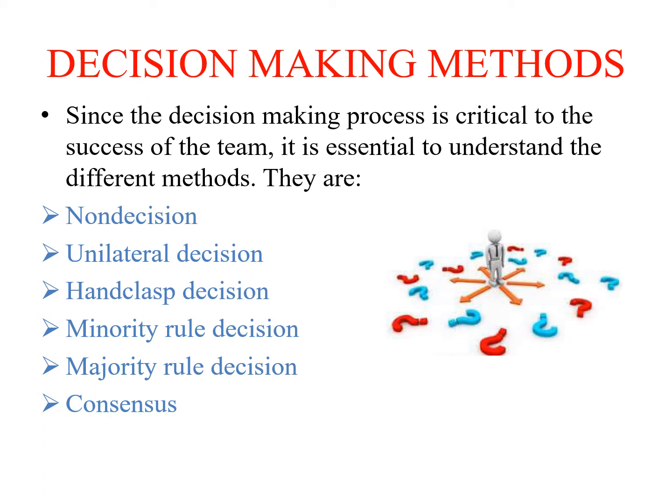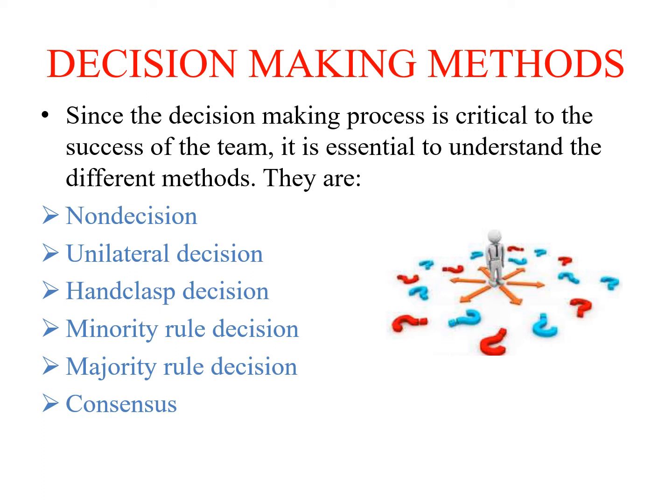Next, we look into hand clasp decision. It is a sort of minor decision. This type of decision can carry very low group commitment. These decisions are made by two members. One suggests, the other endorses and carries it through without adequate discussion and group consideration.